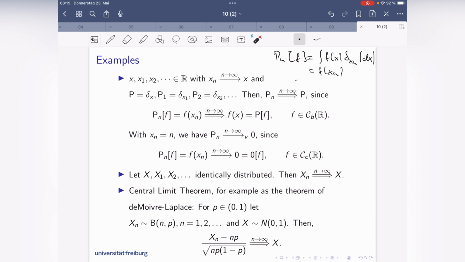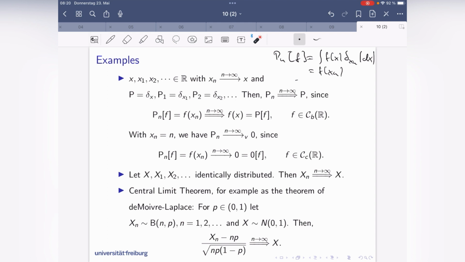Again, P_n[f] equals f(x_n), that's f(n), but f has compact support, so f(n) will be zero eventually. And when it's zero, it stays zero, so it converges to zero. And zero equals the zero measure integrated with respect to f. Keep in mind, this zero here is a real number, and this zero here is a measure, the zero measure.